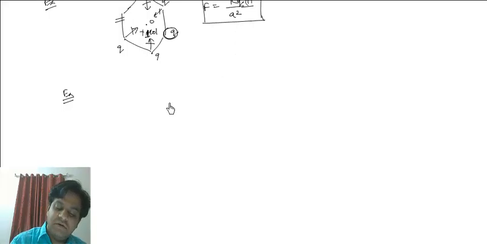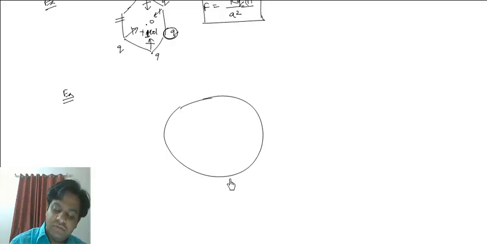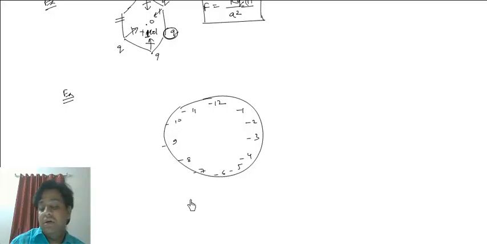Now let's say I have a clock: 12, 1, 2, 3, 4, 5, 6, 7, 8, 9, 10, 11. The charges are -12 Coulomb, -1, -2, -3, -4, -5, -6, -7, -8, -9, -10, -11 and -12.